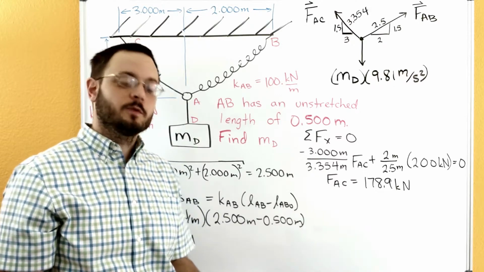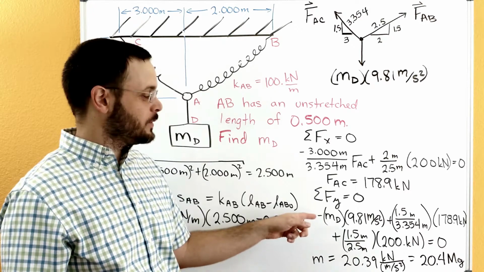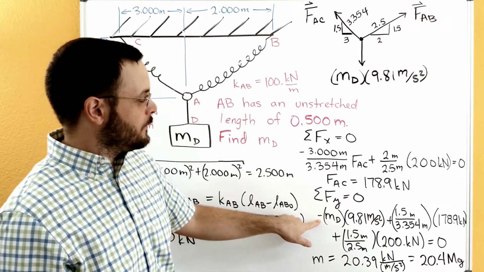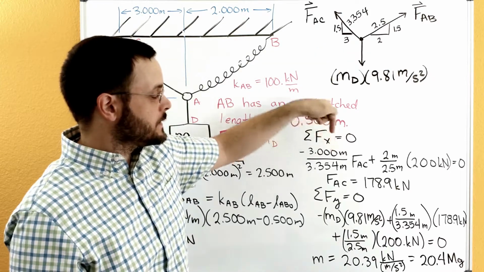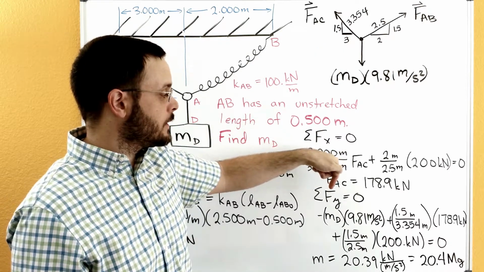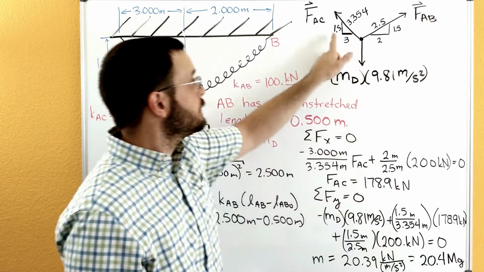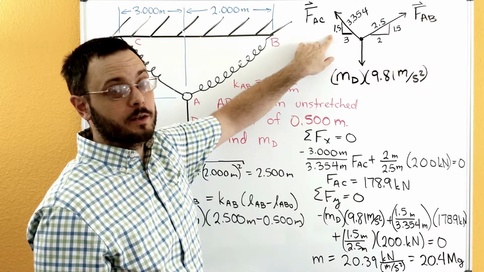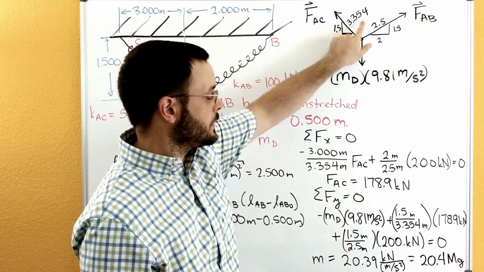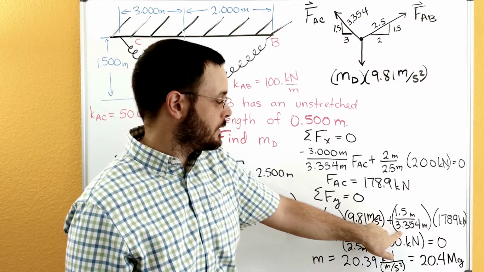And let's do this on the forces in the y and see if we can solve for that mass. So in this equation, we have the force from the mass, which is MD times 9.81. It's negative because it's going down. We've got the 178.9 kilonewtons, which was our force in FAC. We're going to multiply that by the y side of our similar triangle divided by the hypotenuse, 1.5 divided by the 3.354.